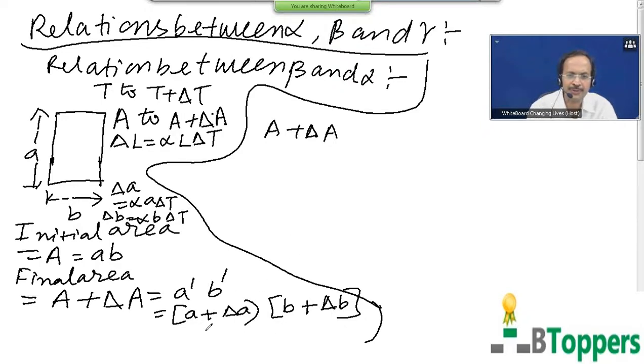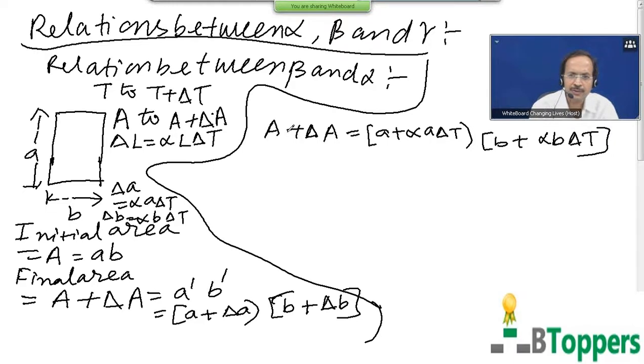So you can make these substitutions here on the right hand side. So a plus delta a, you can write a plus alpha a delta T. And here I have b plus delta b, and delta b you can write as alpha b delta T. So now we'll expand this right hand side, and on the left hand side we can substitute A equal to ab.